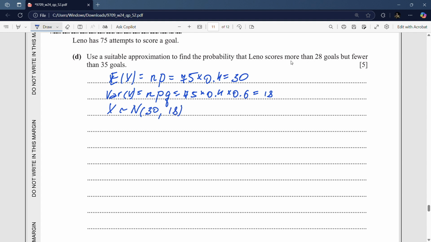And here it said more than 28 goals but fewer than 35 goals. Also we have to use approximation, which means we have to find the probability that it will be more than 28.